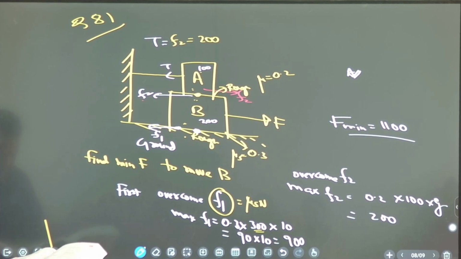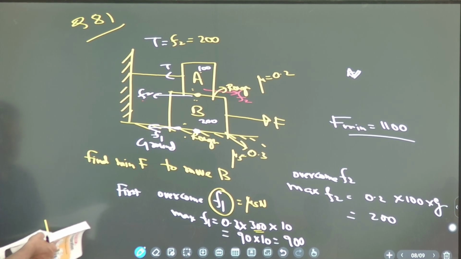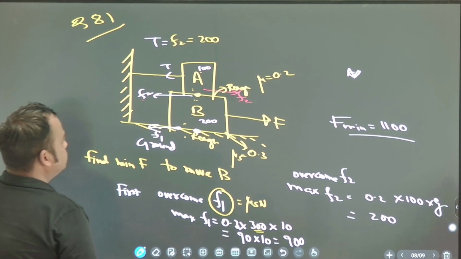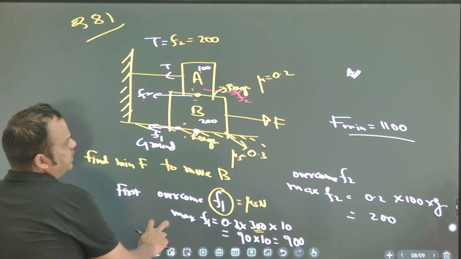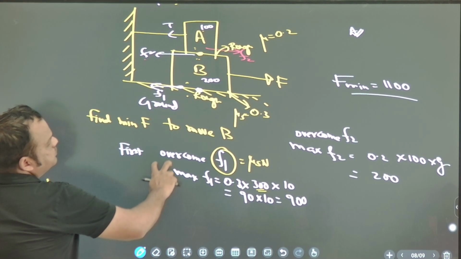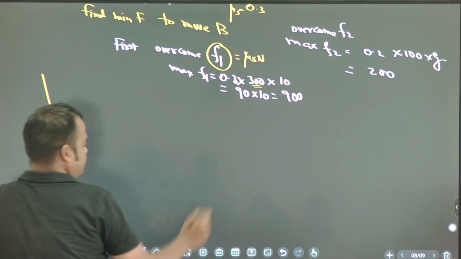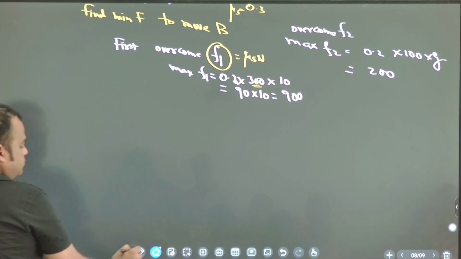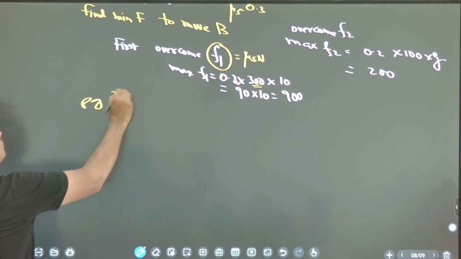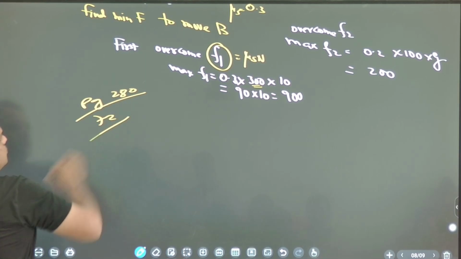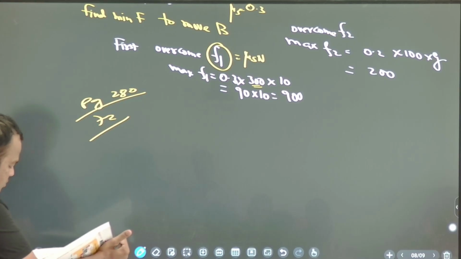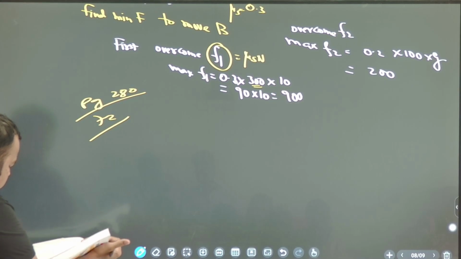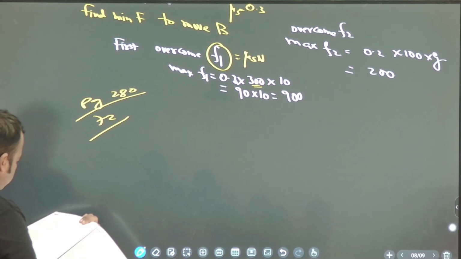Now one more is there, 72, page 280. Two blocks, M and 2M, placed one over other.